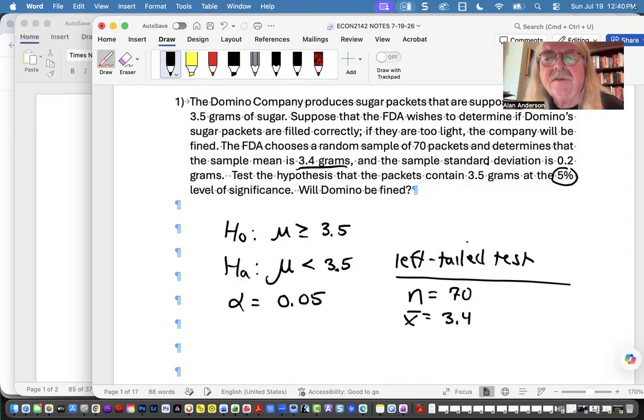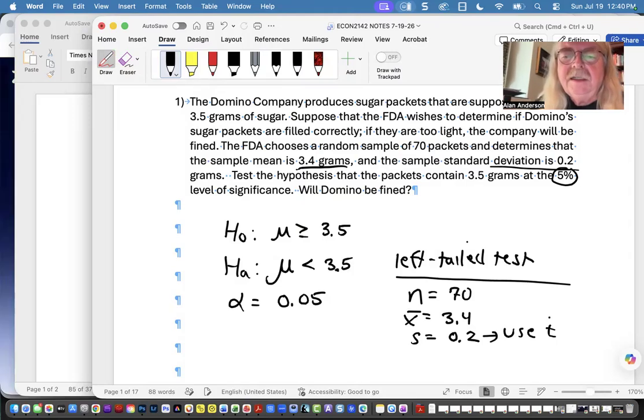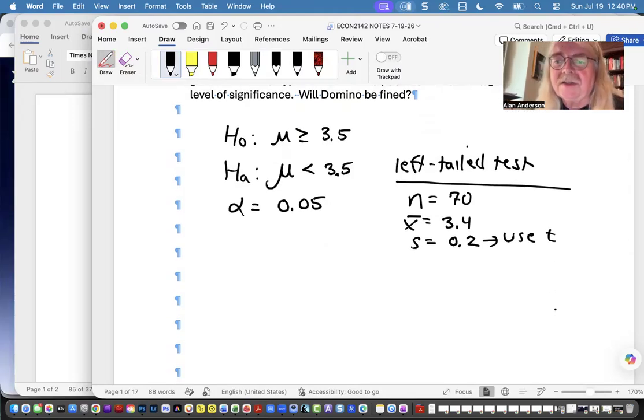And the sample standard deviation is 0.2 grams. Now, that's the key to the whole thing right there. They wouldn't be giving us the sample standard deviation if we knew the population standard deviation. So therefore, this tells me to use the t distribution. And that's how we identify the correct test statistic.